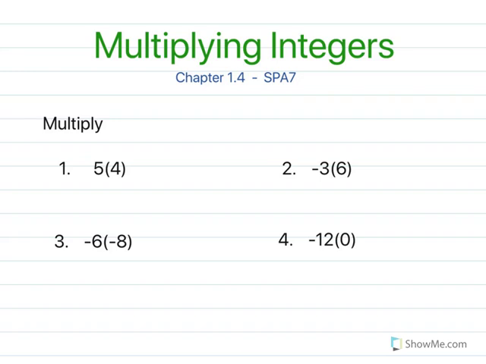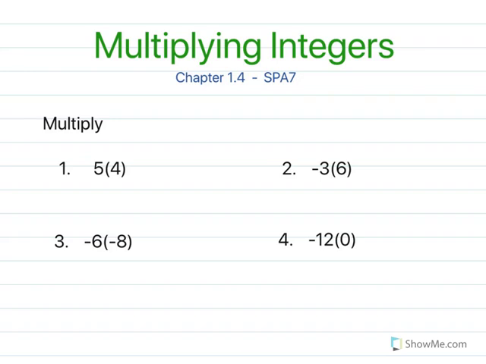All right, so for any of these multiplication problems that we're doing with integers, basically what you want to do is treat them like normal multiplying of whole numbers, except you're going to apply the integer rules of multiplying. There are a couple rules that you can follow.